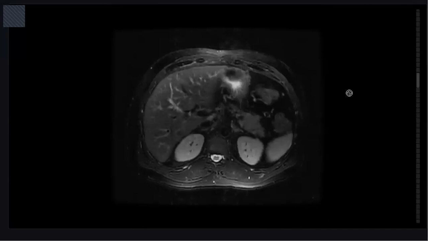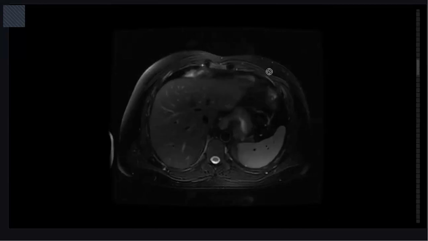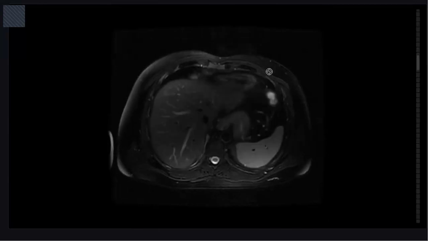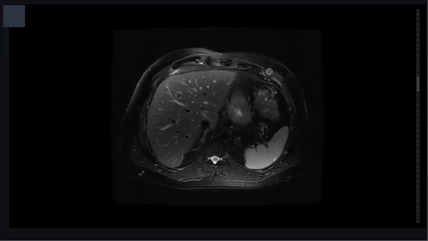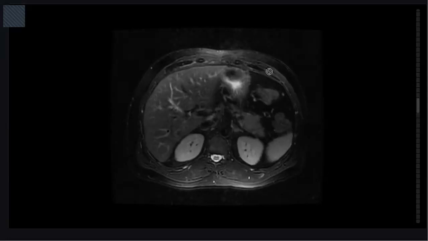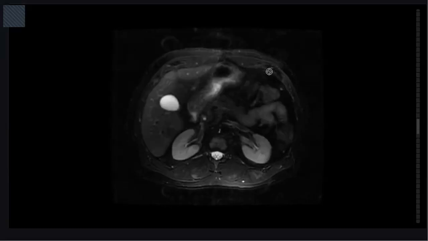Okay, we did MRI for this patient. I'm scrolling through the MRI study of the same patient. I will go to the area of concern directly.